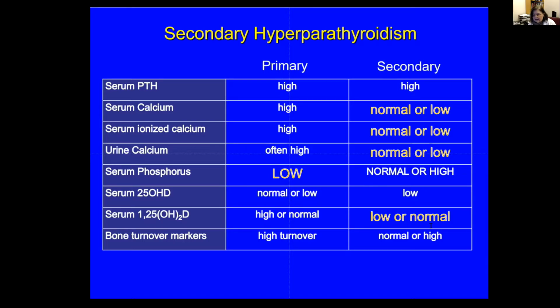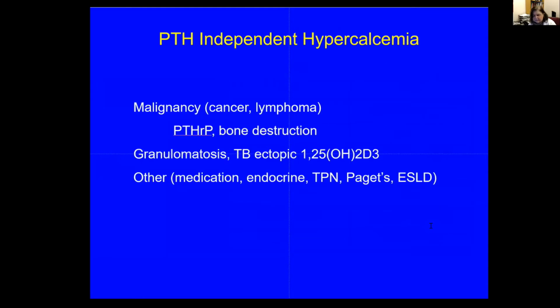The two things that are very characteristic are the serum phosphorus, which in primary is, again, low, and in secondary, it is the high bone turnover in primary and normal most of the time in secondary.